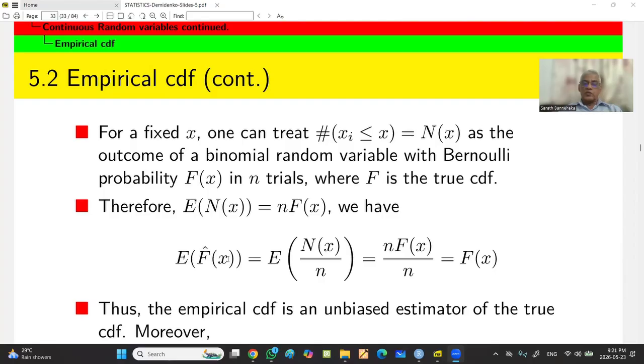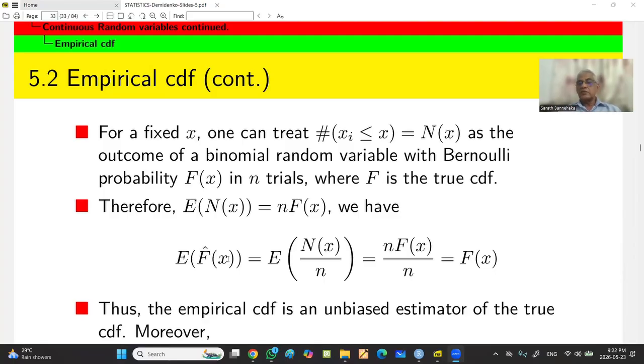As we have already mentioned, F hat x can be considered as an estimator for F(x). F(x) is the theoretical unknown cumulative distribution function evaluated at x. That is the unknown value. F hat x is the estimator of that unknown value.